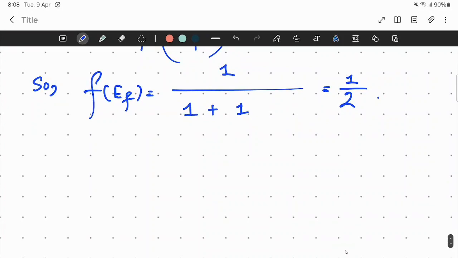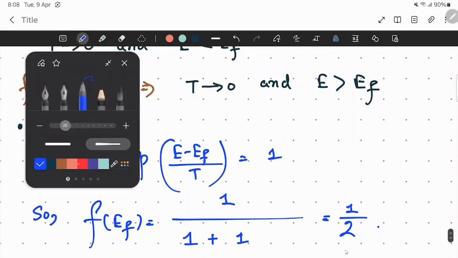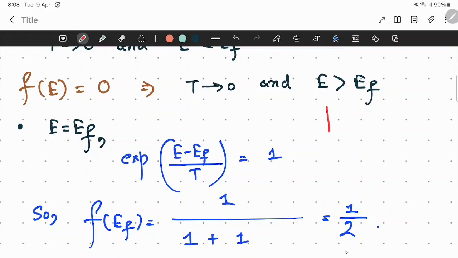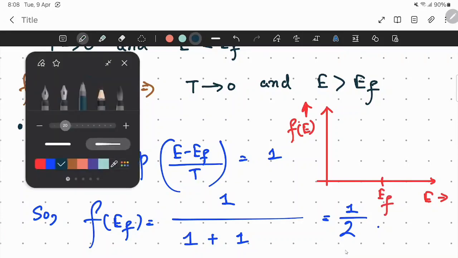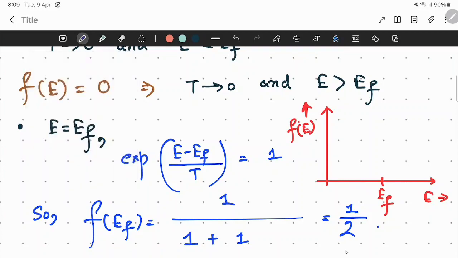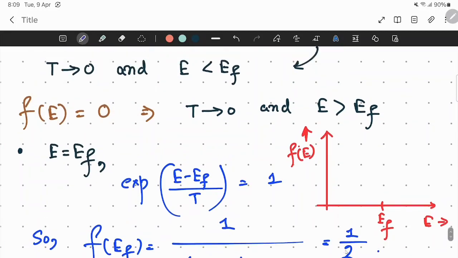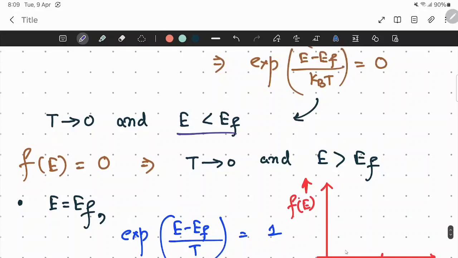So if you plot it, then it will be very clear. Let this is Fe and it is E, and here let's say EF. So until EF, that means E is less than EF, this will be 1.